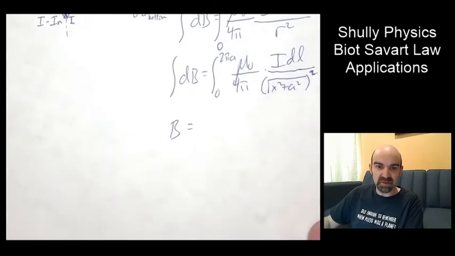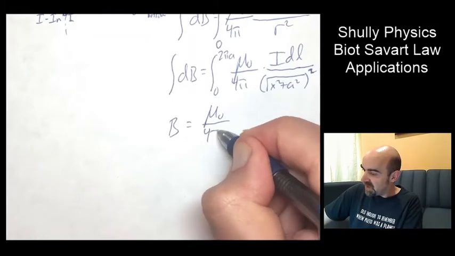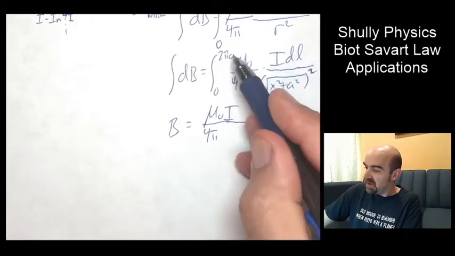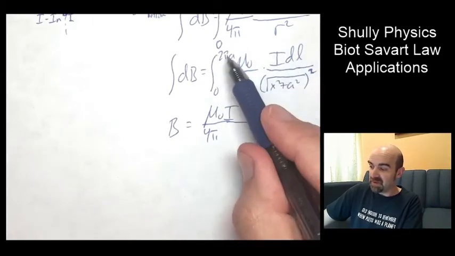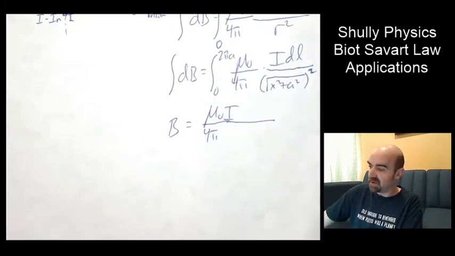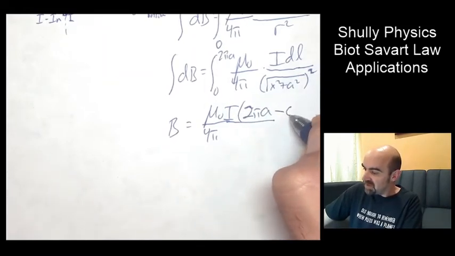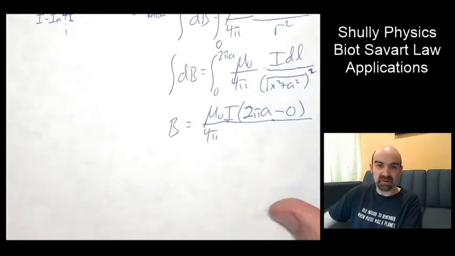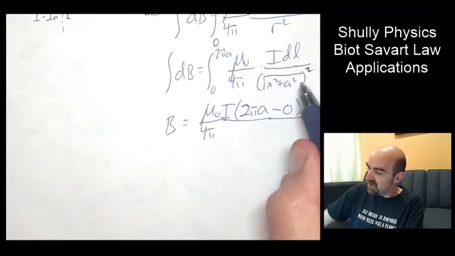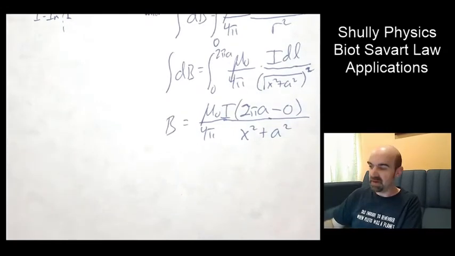So we're just summing up the length around the circle. So we're going to have mu naught over 4 pi times I, and the length around the circle, when we integrate that, is just L. We'll take 2 pi a, substituted for L, minus 0, substituted for L. So we end up with 2 pi a minus 0 after you apply those upper and lower limits. And we still have the square root of x squared plus a squared, quantity squared, which is x squared plus a squared.